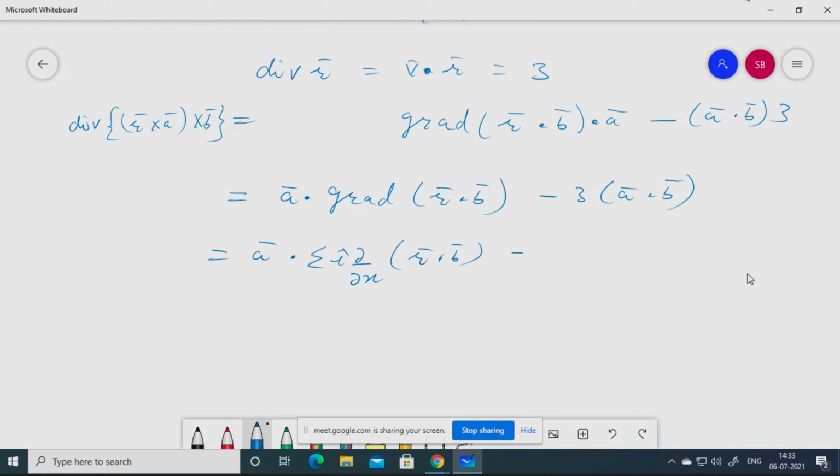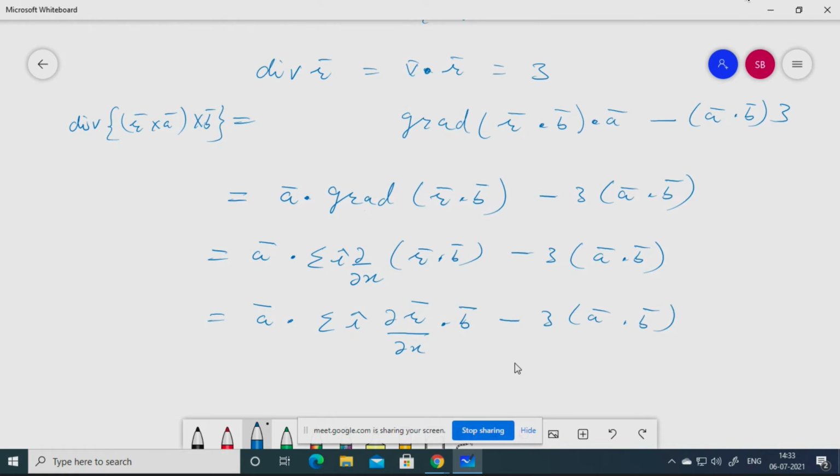Minus 3 times of A bar dot B bar. So this is again A bar dot summation I, as it is. Now this will be dou R bar by dou x dot B bar. That's it, because plus R bar dot dou B bar by dou x will be equal to 0 because B bar is a constant term. Understood all of you? Okay, so this is what we got here, minus 3 times of A bar dot B bar.